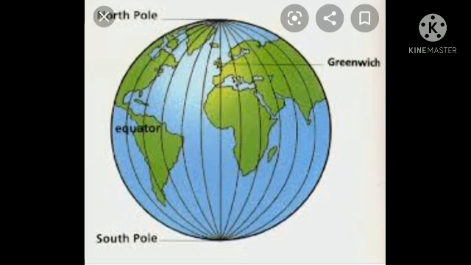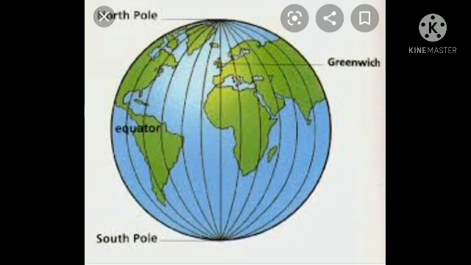So now the question is, what is local time and what is standard time? Firstly, the local time. The local time of a place we can calculate if we know the longitude of the place, because the sun is overhead each meridian after 4 minutes.